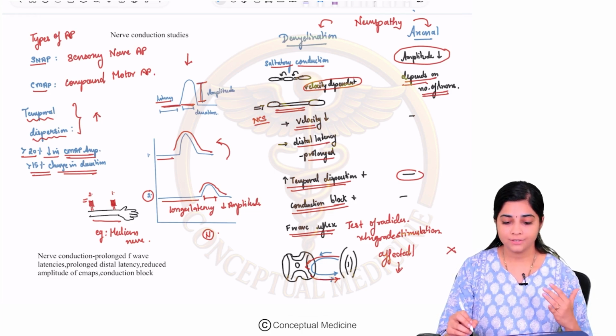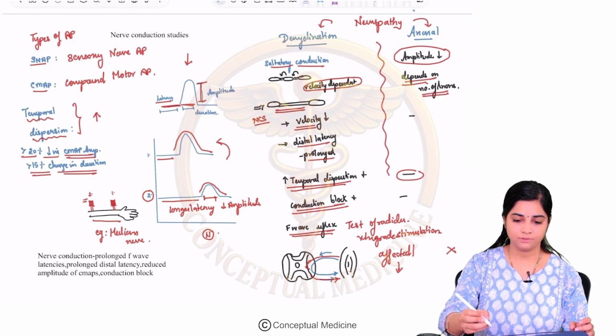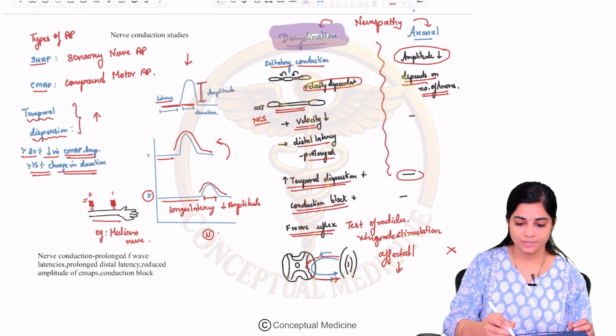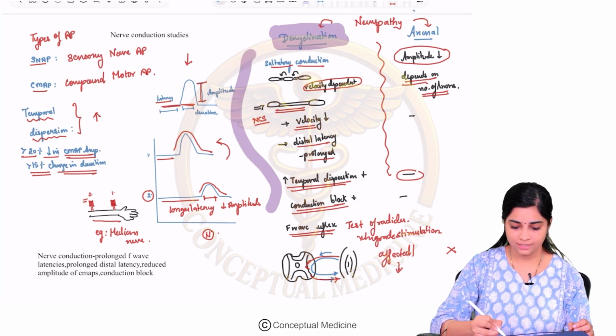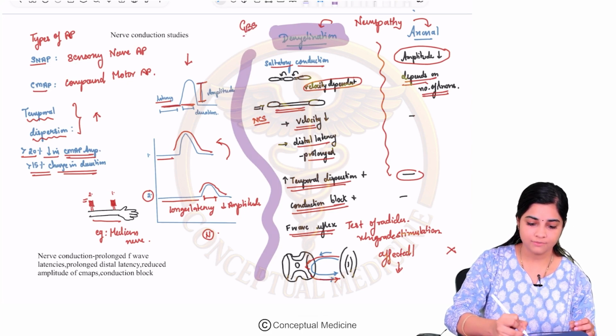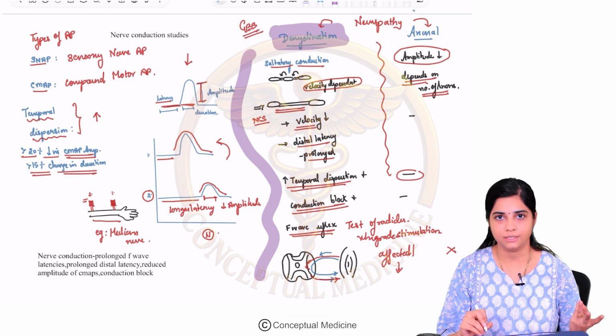Okay, so we have understood what is the difference between your demyelinating versus your axonal neuropathy, and understand that all the findings that we have seen here are basically your NCS findings of GBS as well, because the basic pathophysiological process in GBS is also demyelination.